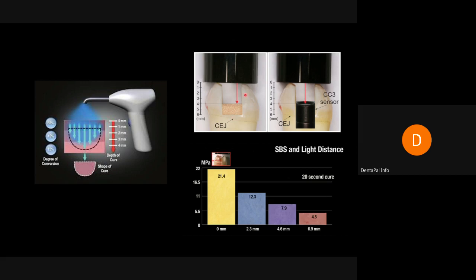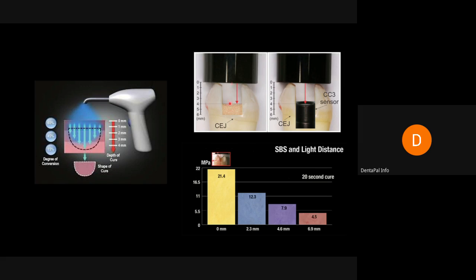But look at this picture. Imagine that you have composite at the bottom of this cavity, and the closest distance to use the tip of the light curing unit is the cusp height. So you have at least here, as you see, 4 millimeter distance.